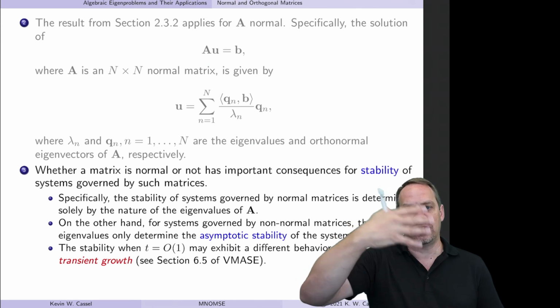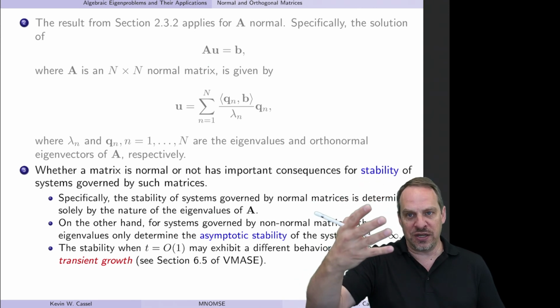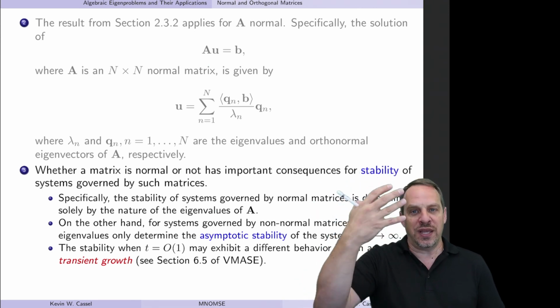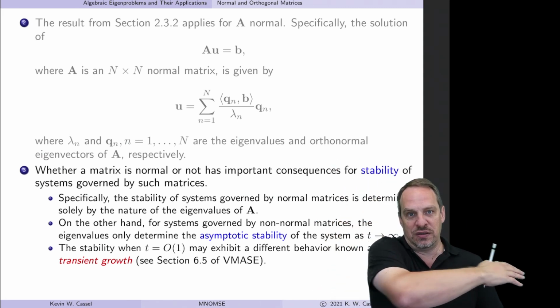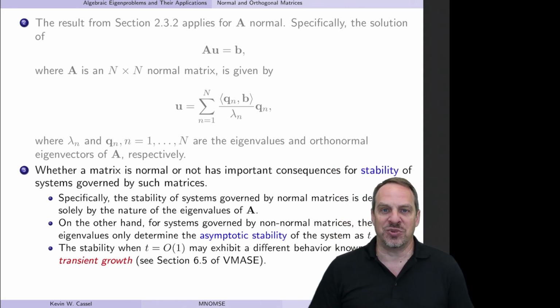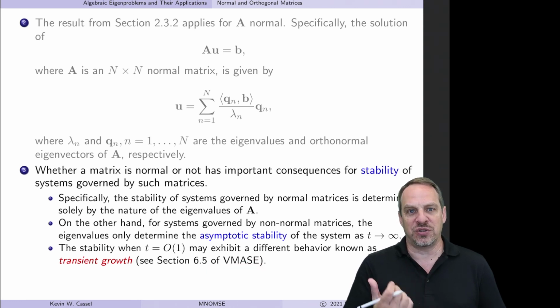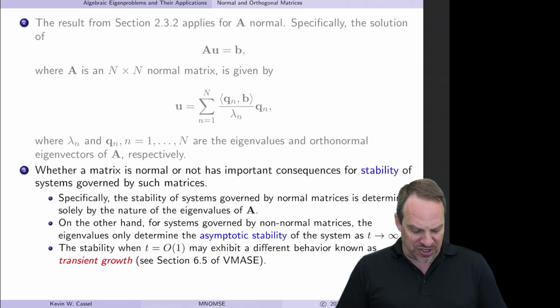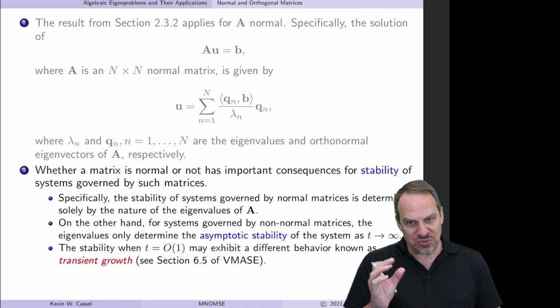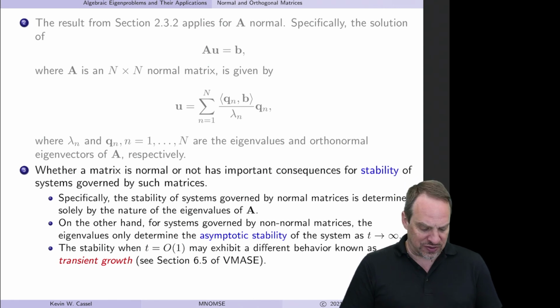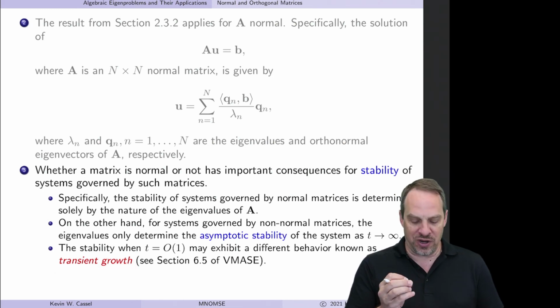Maybe the system becomes nonlinear, additional physics come in, and it never even gets to that t going to infinity asymptotic stability state. A good reference for this, there's a little bit more in this book, but there's more in the Variational Methods book that goes into more detail, gives some really interesting applications and examples, some simple ones and some from fluid mechanics that illustrate this transient growth phenomenon, which is very important to be aware of.